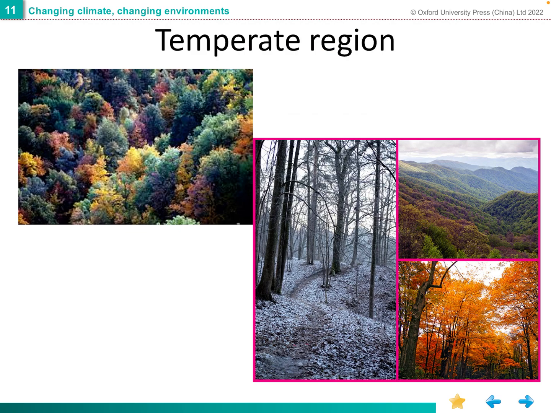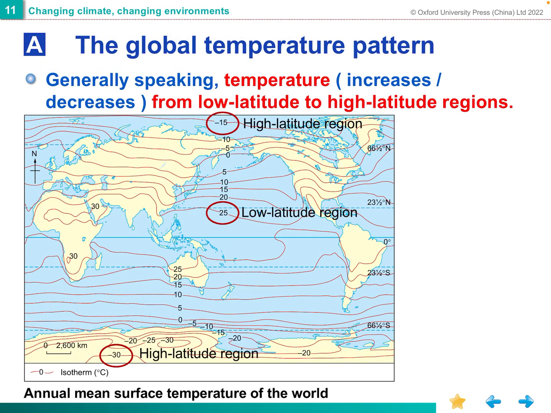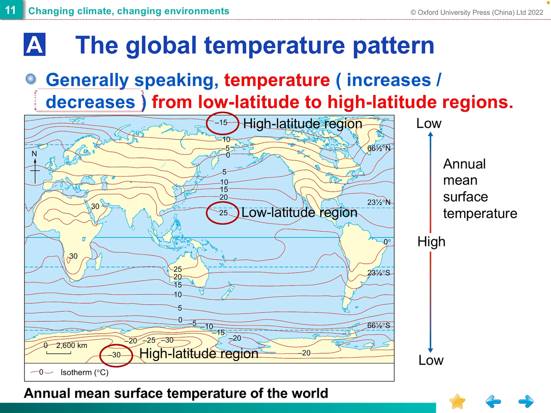Okay, the rainfall. So this is the summary. In general, the last part we highlight in your textbook, page 6. Temperature decreases from low latitude to high latitude regions. I repeat, the temperature here is 25, and starts to decrease from the low latitude region to negative 15 degrees Celsius at the high latitude region.